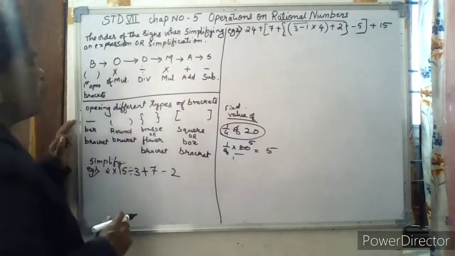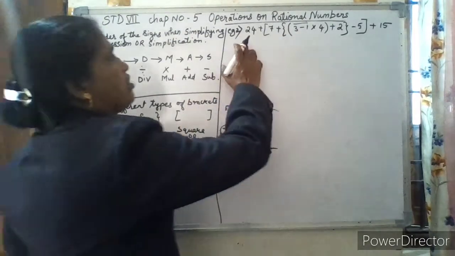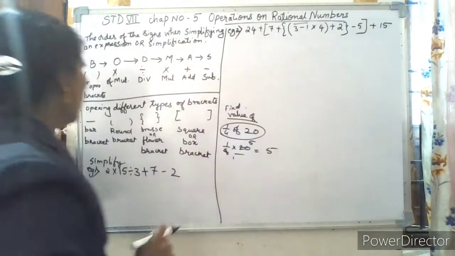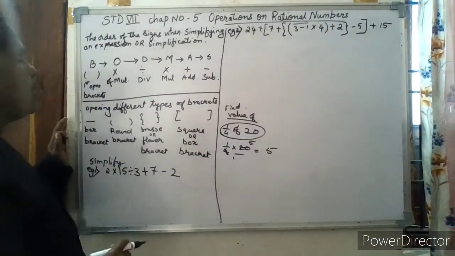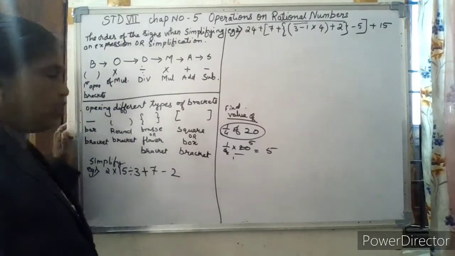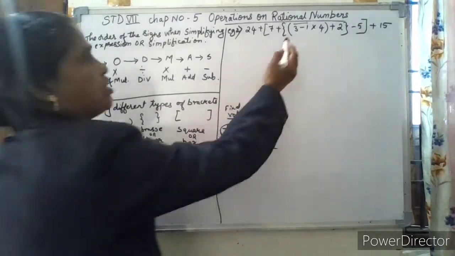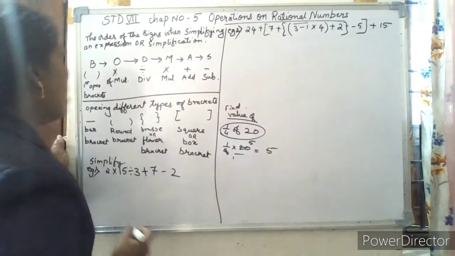Now, if there are many brackets in the simplification, like in this question I have given, there are different types of brackets we have to open. So first comes this one, that is the bar bracket.